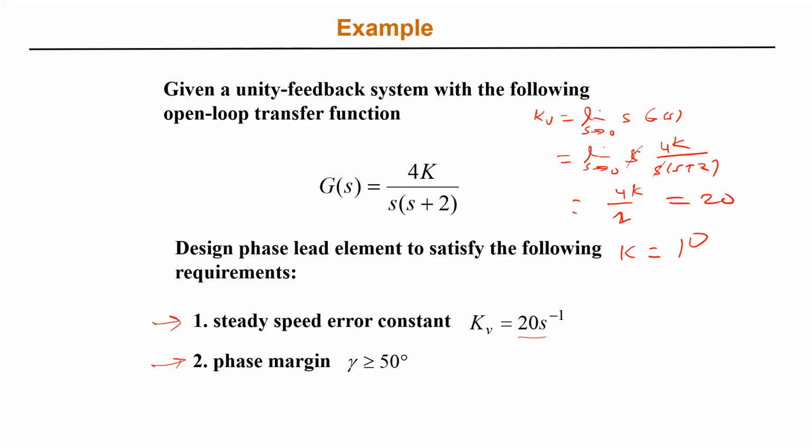Now I want to make the Bode plot of G(s) with the new gain. So G(s) equals 40 over s plus 2. But let me put it in the standard format: j omega over 2 plus 1, which means I have to take the 2 out.